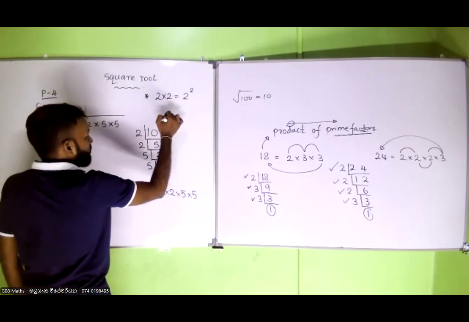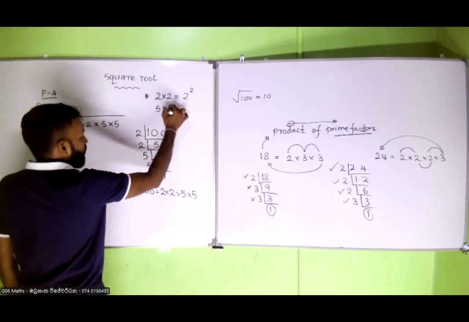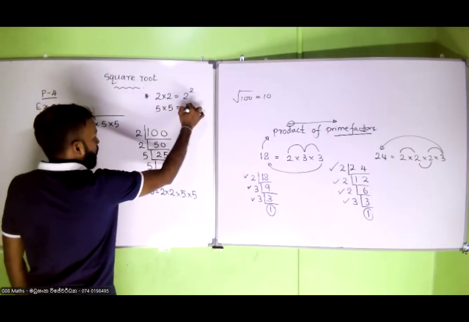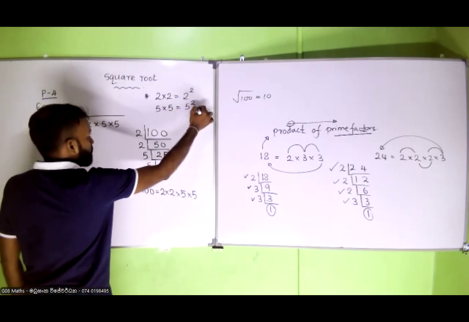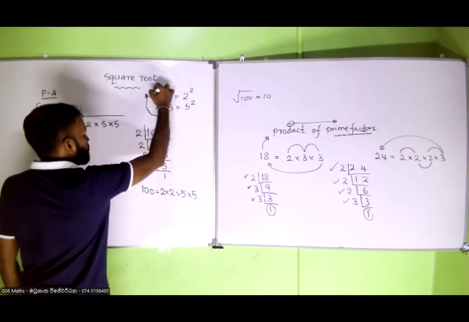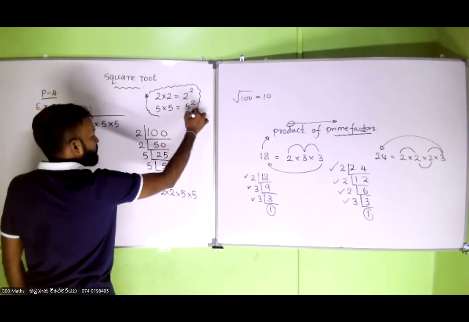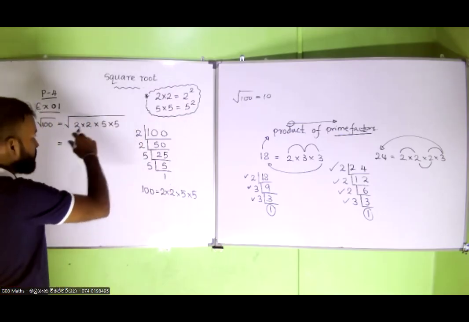You know that, right? And 5 multiplied by 5 means 5 to the power 2. So any number multiplied by itself can be written like this, and I'm going to use this here.